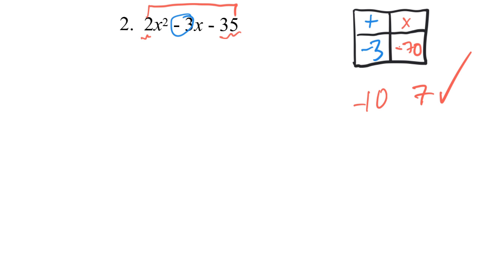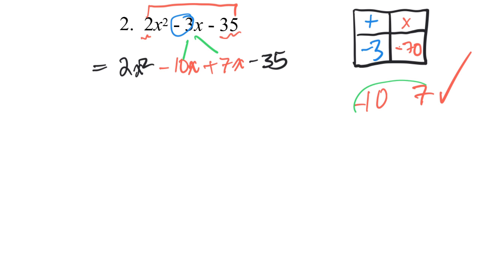So now all we have to do is go through the motions like before. That's equal to 2x squared, and then minus 10x plus 7x, and then minus 35. And remember that all we're really doing is splitting the middle term once we have found those two numbers.